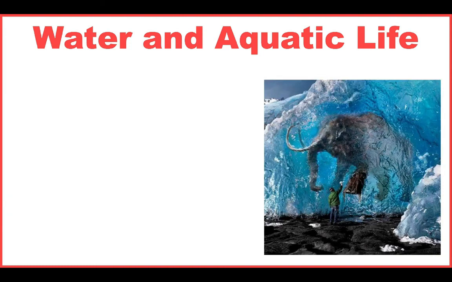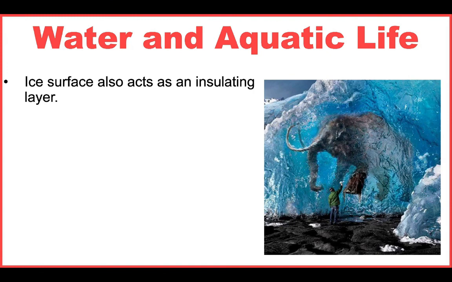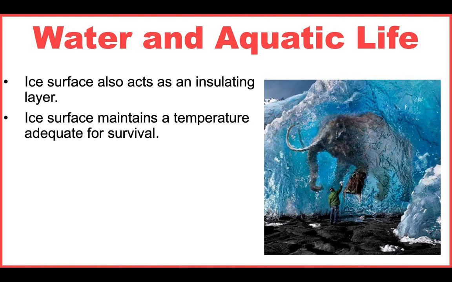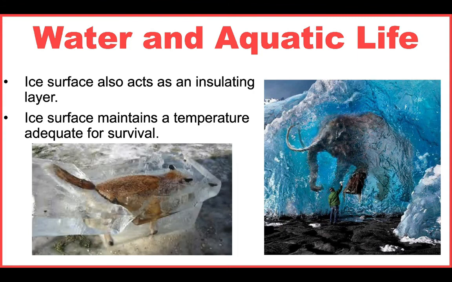If ice were not able to float, the water bodies would freeze from bottom to top and aquatic life would be killed. Because ice floats, aquatic organisms survive under the surface, which remains liquid. The ice surface also acts as an insulating layer, protecting the water beneath from further freezing and maintaining a temperature adequate for survival. Without this feature, there would be no aquatic life in temperate and polar regions.